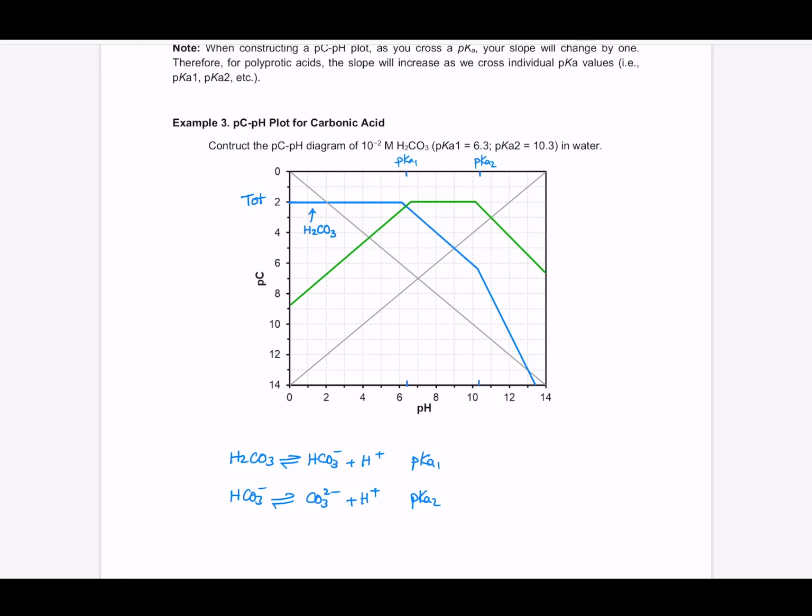Okay. So this would be our bicarbonate, HCO3 minus.